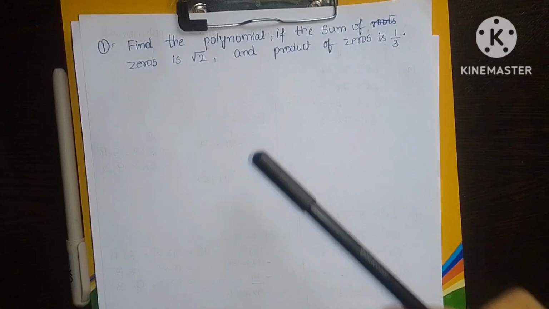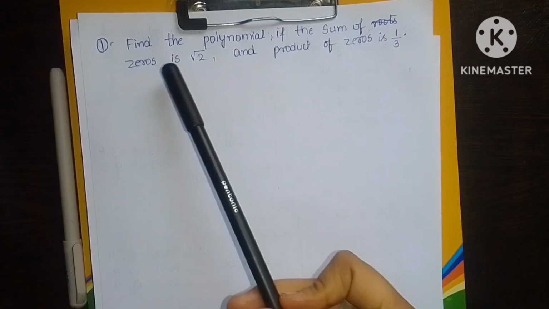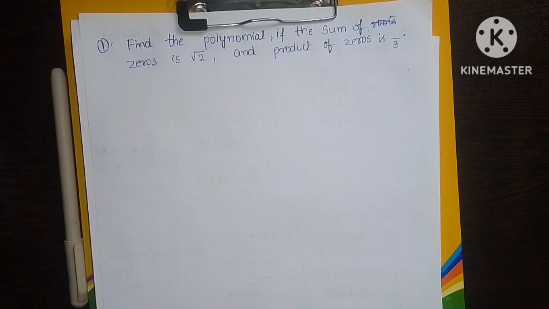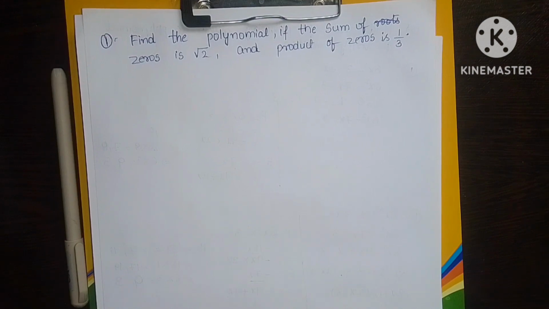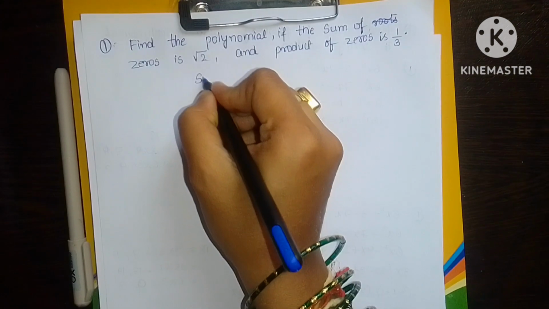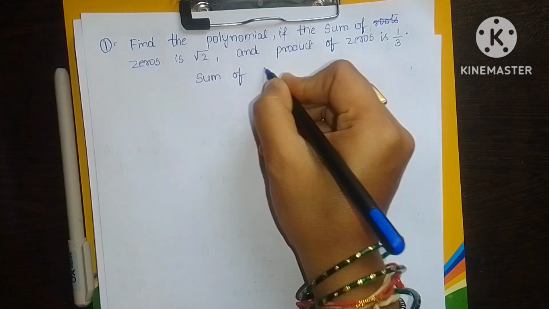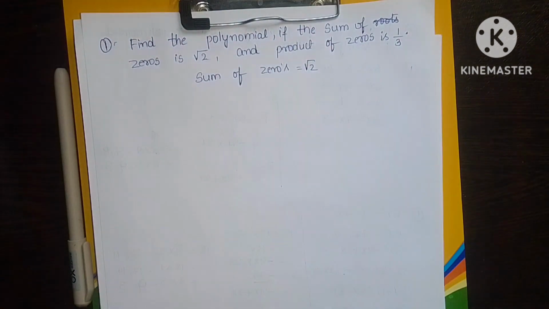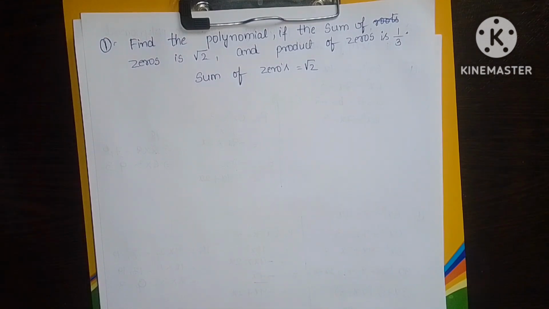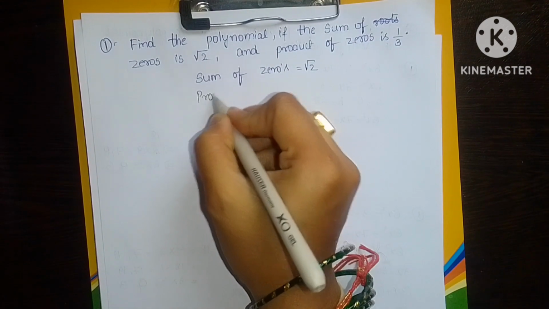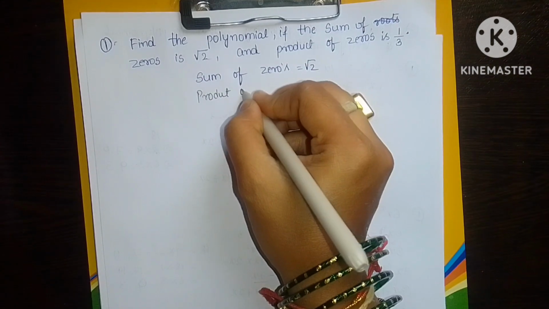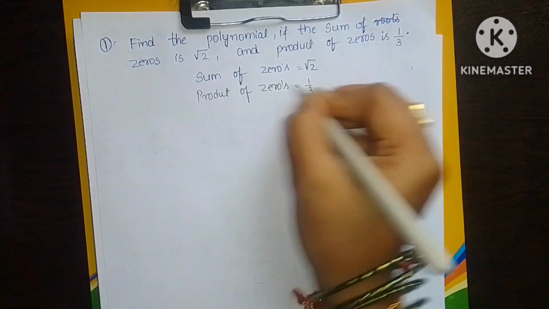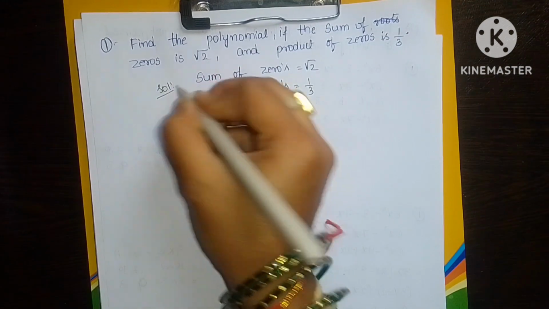Next question is, find the polynomial if the sum of the zeros is root 2 and the product of the zeros is 1 by 3. So we all know that the sum of zeros they have given is root 2 and the product of zeros is equal to 1 by 3.